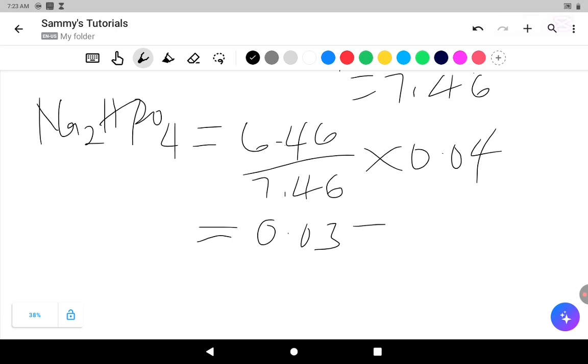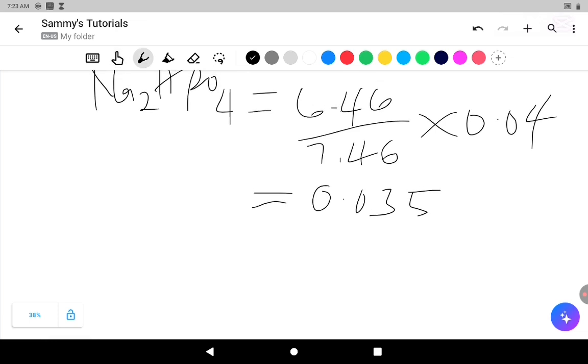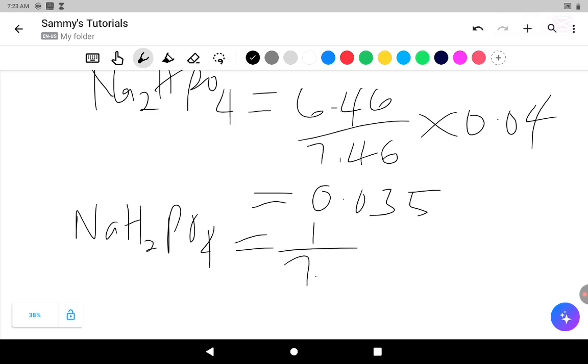0.035 for this one. Then let's calculate for the second one. Hope you're enjoying this class. The second one is NaH2PO4, right? Its own ratio is 1, so it will be 1 over 7.46 times 0.04.